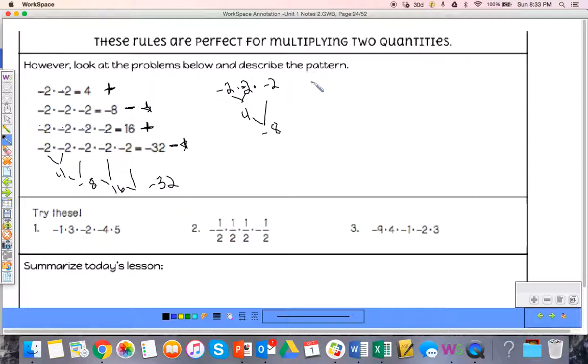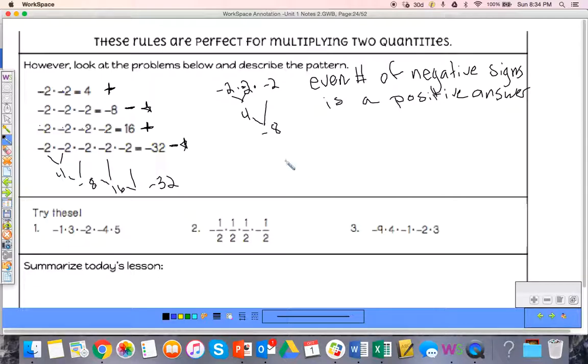So we're going to write an even number of negative signs is a positive answer.